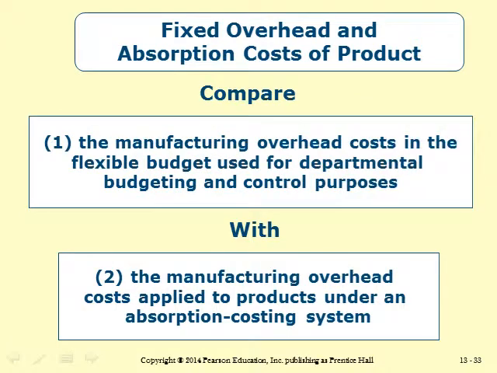And so, continuing our example of the desktop PC division, we begin by comparing the manufacturing overhead cost in the flexible budget used for departmental budgeting and control purposes with the manufacturing overhead cost applied to products under the absorption costing method.